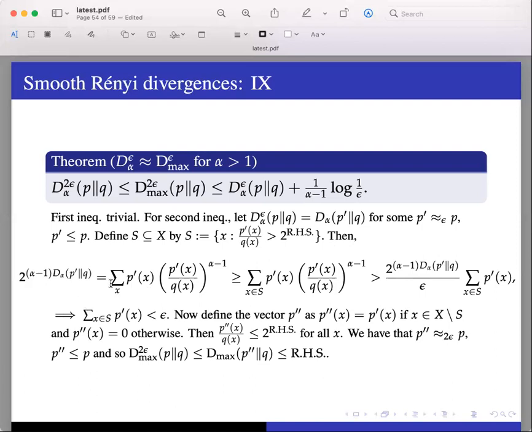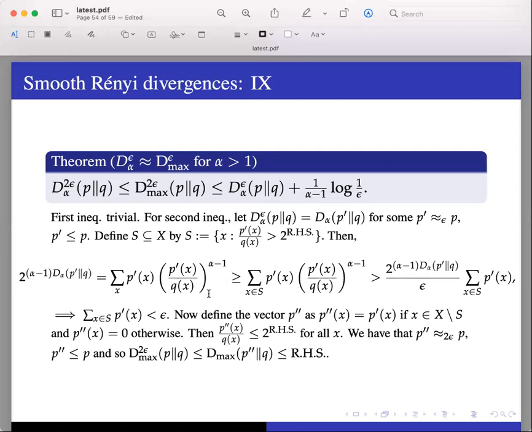The equality here follows from the definition of Renyi divergence. I just put the alpha minus 1 on the left hand side and exponentiate to remove the logarithm, and I get that. I write the right hand side in this slightly fancy way for what's coming.